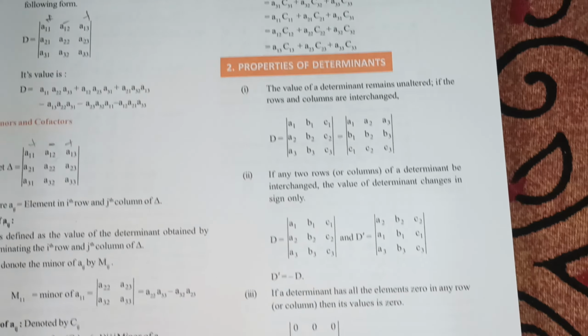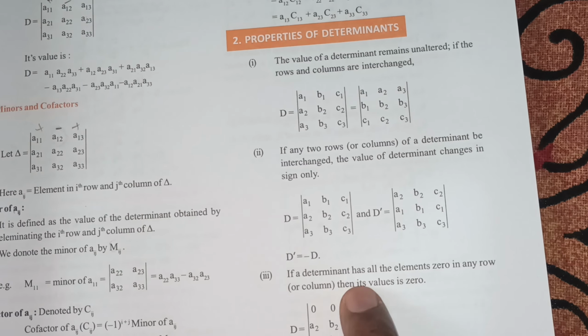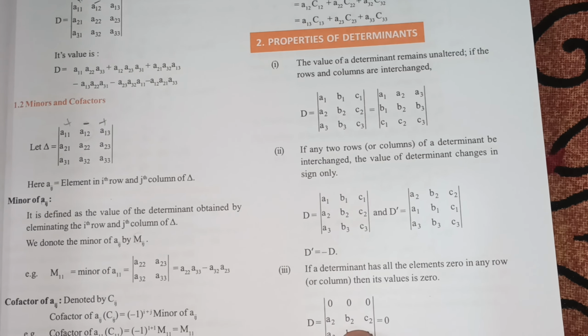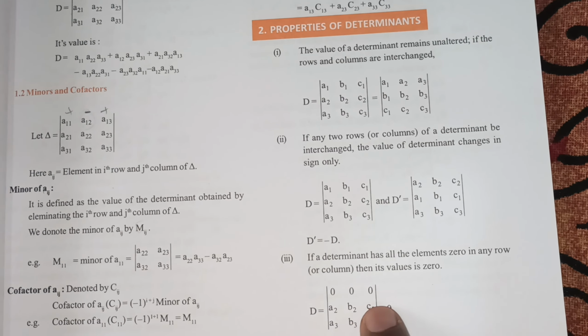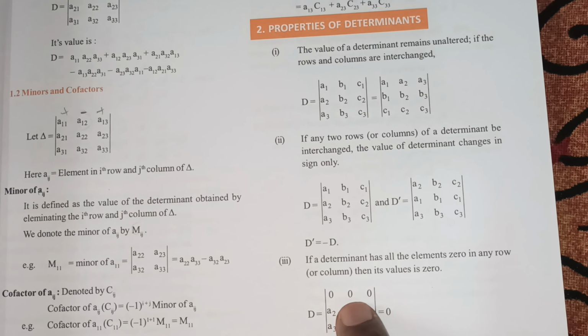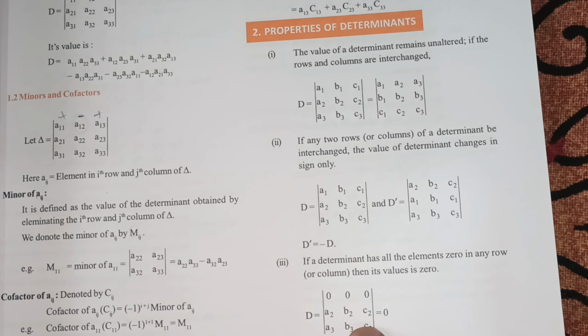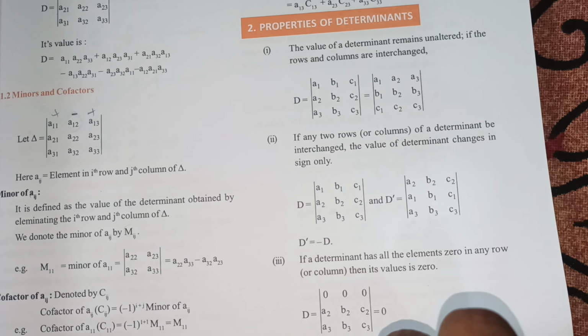So next, if a determinant has all the elements 0 in a row or column, then its value will be 0. If this will be 0, 0 into anything will be again 0. So if any row or column is a 0 row or 0 column, then the determinant is equal to 0.